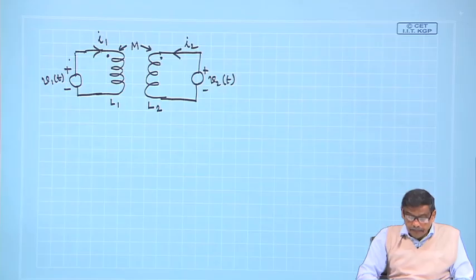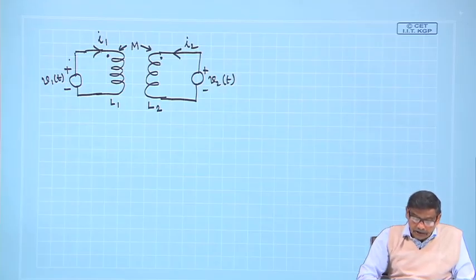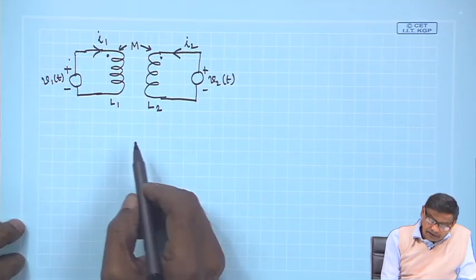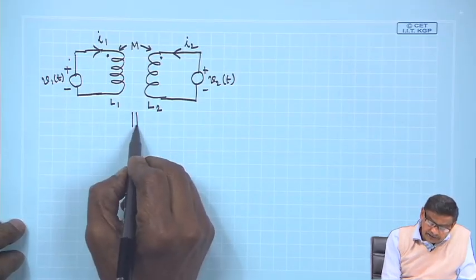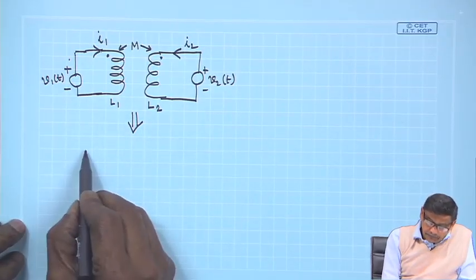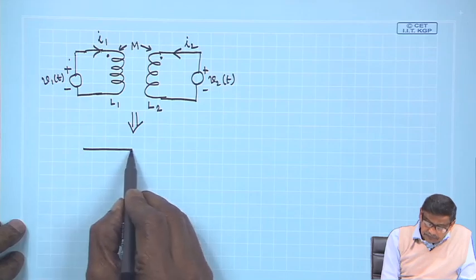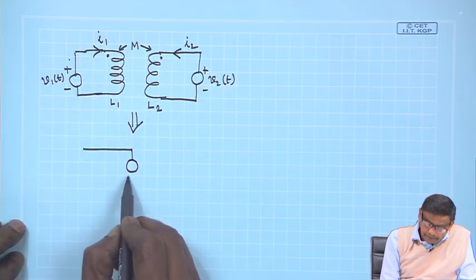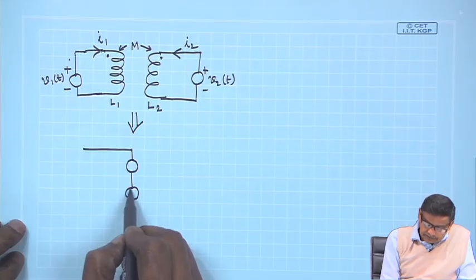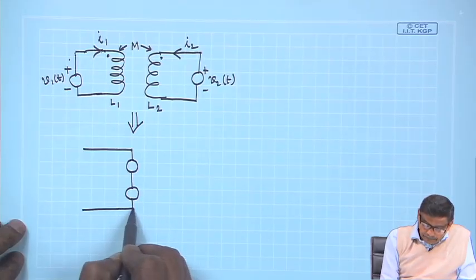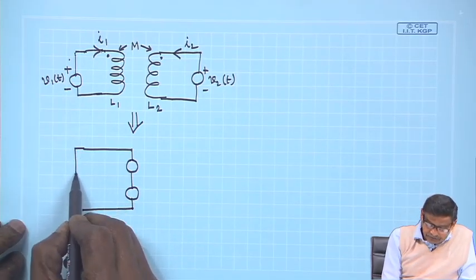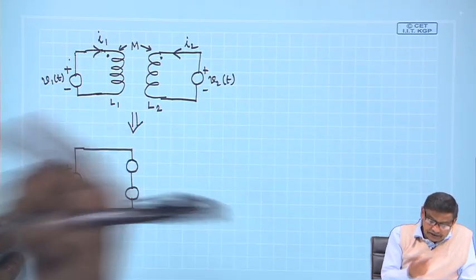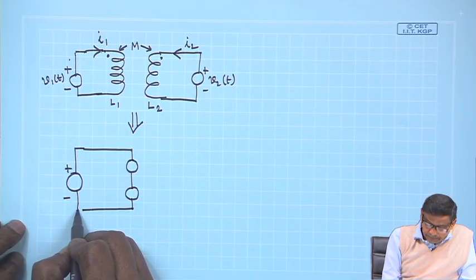Now, to understand how energy is absorbed in it, I will translate this diagram, because between these 2 points there will be 2 sources of EMF. This is one, this is another. It will also help you to repeat those steps correctly.